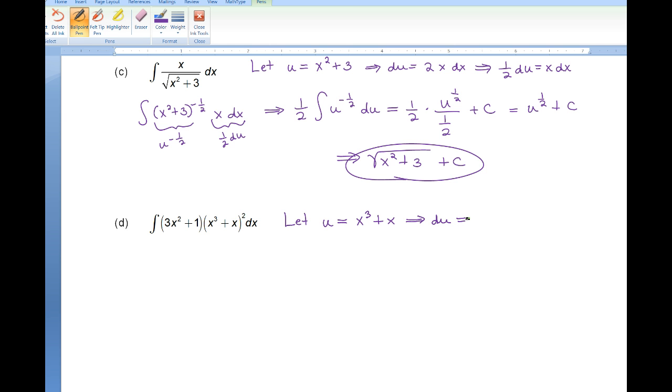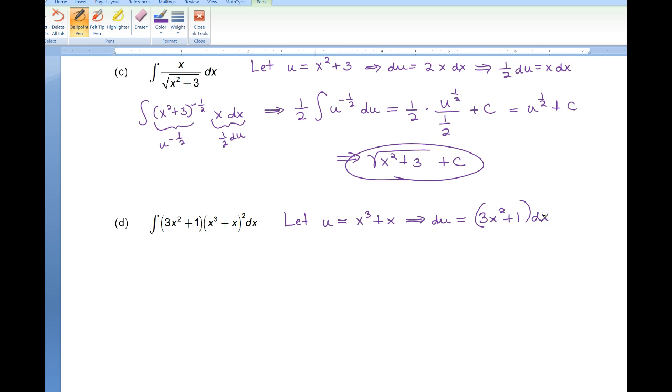All right, now, this one, I think there was a question, like, what happens if you have two binomials or something? I choose the one that has the exponent involved, which is this one. And this is how we're gonna check. What's the derivative of x to the third plus x? 3x squared, and it's plus 1.